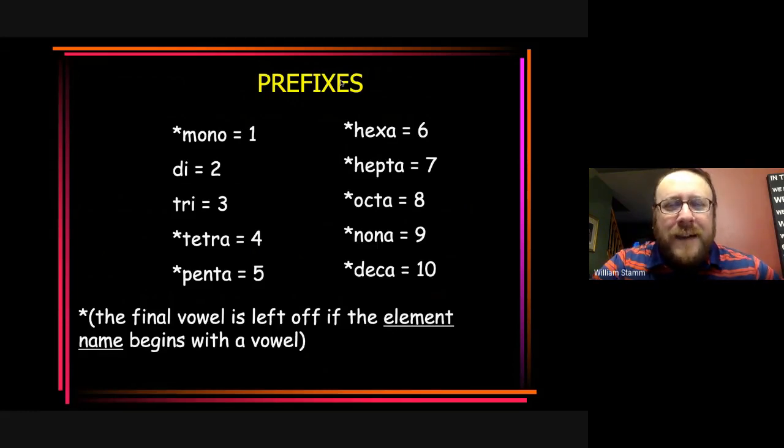So for mono, it's not monooxide with 2 O's, it's monoxide with 1 O. Or it's not octaoxide, it's octoxide. You just leave off that vowel. You don't put 2 vowels in a row, basically, if the element begins with a vowel. So with the asterisks, you leave the final vowel off of the prefix, and we'll see examples of that. Monoxide is probably the most common one using that.